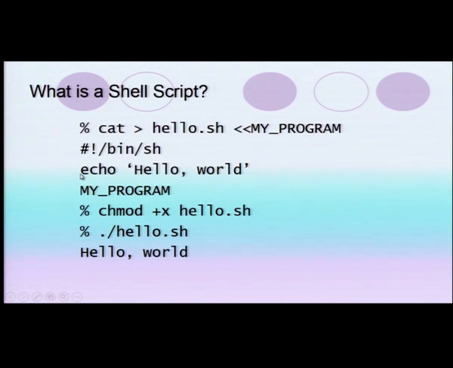What does it contain? It contains echo hello world. Then with chmod, you change the permissions of this shell program hello.sh to make it executable. You simply type ./hello.sh, and you will get hello world printed.